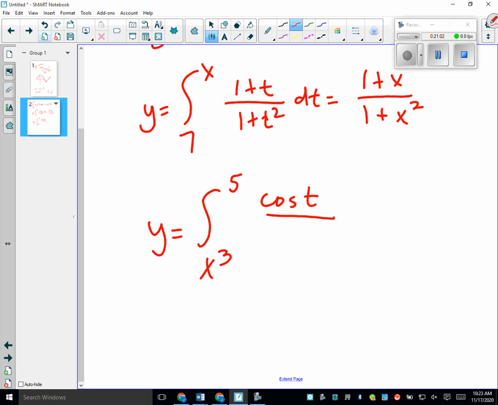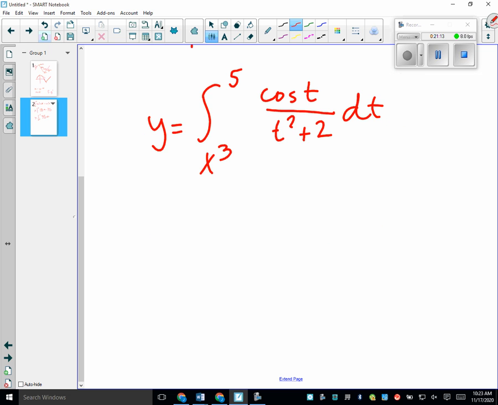What happens if it's backwards? I'm going to make it negative. Agreed? Why? Because it's backwards. X is not on the top. Because it's upside down, that matters. So pretty much x has to be on the top.